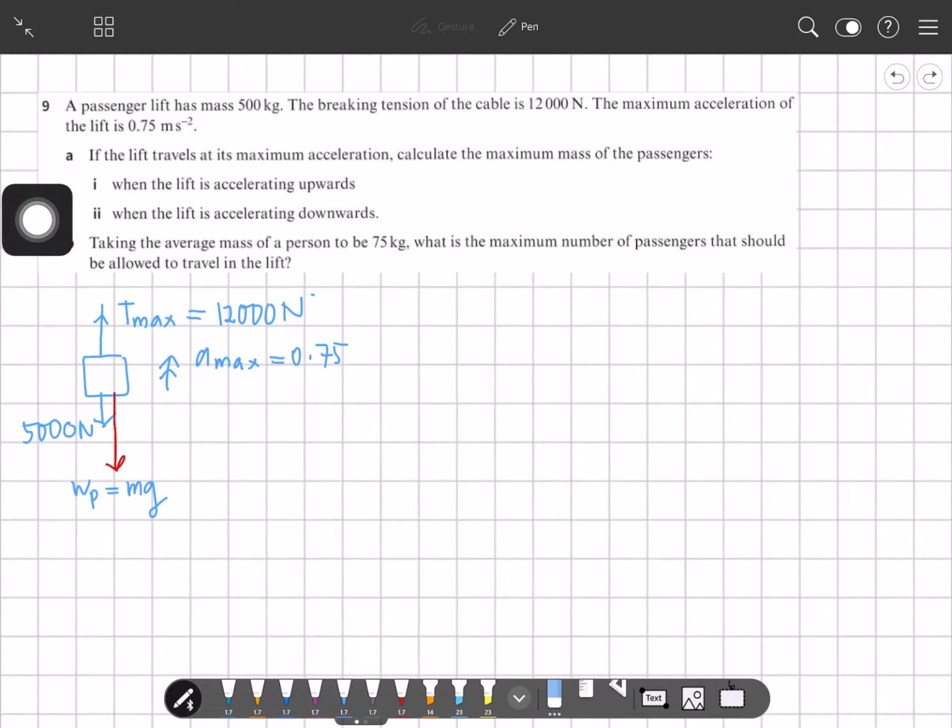So in order to find the maximum mass of the passengers for the case of accelerating upward, let's write the equation first.